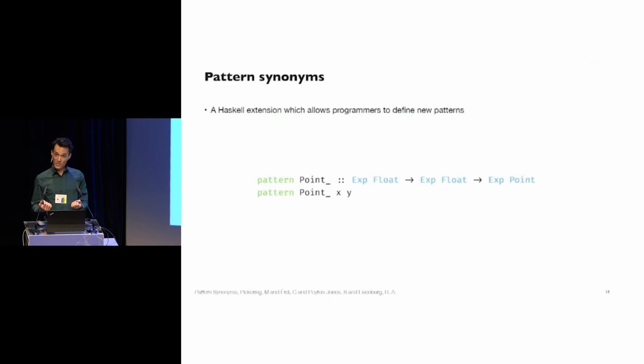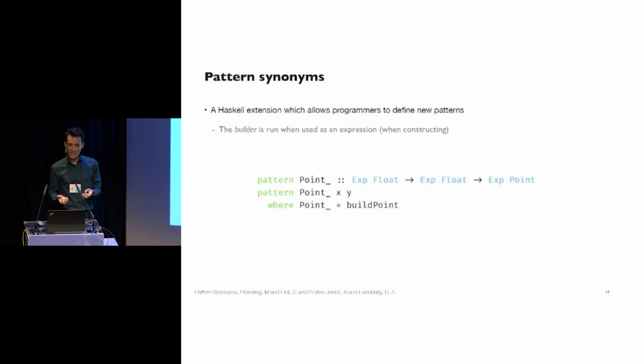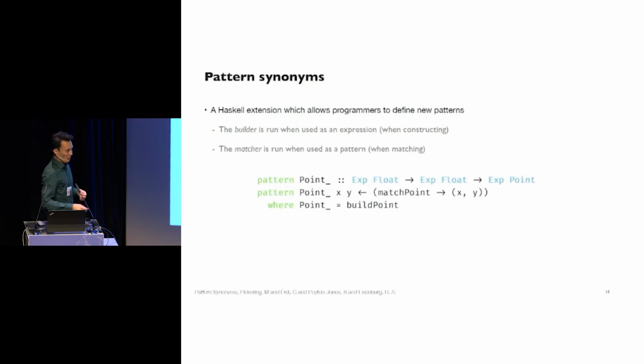So pattern synonyms consist of 2 things. There's a builder. So this is the function to run when I use this thing as an expression, so when I want to construct a thing of type x point. And then the second thing is the matcher. So this is the thing to run when I'm doing pattern matching, so when it's on the left-hand side and I want to destruct one of these things to get the x and the y out.